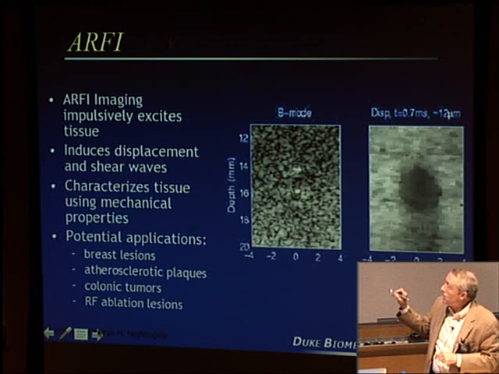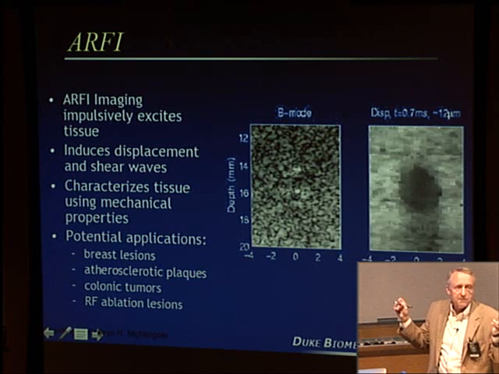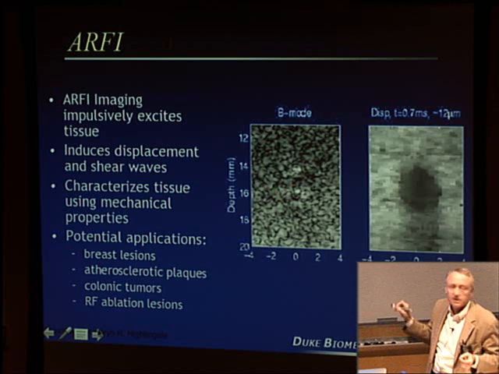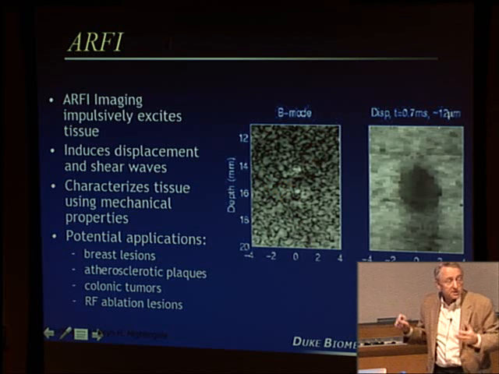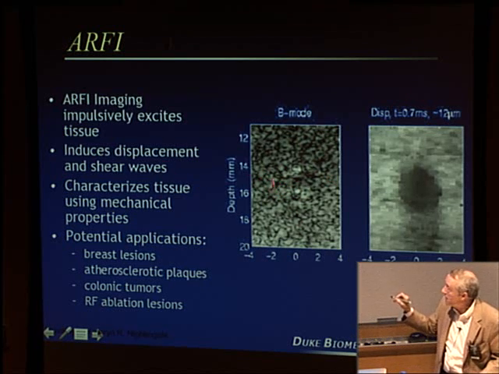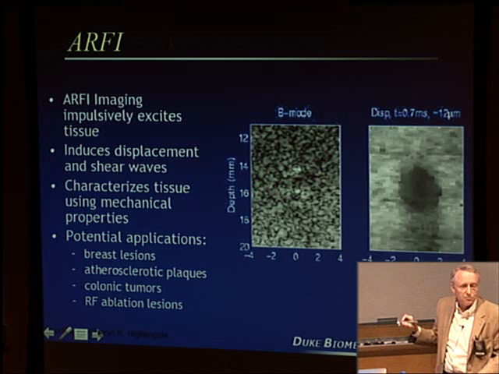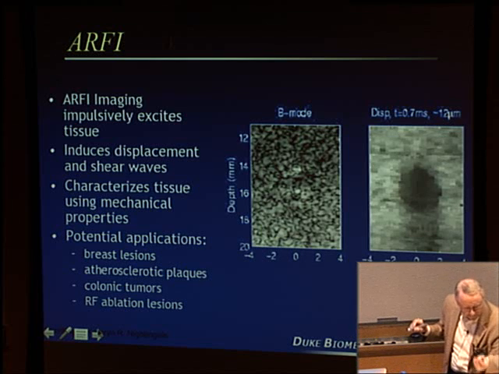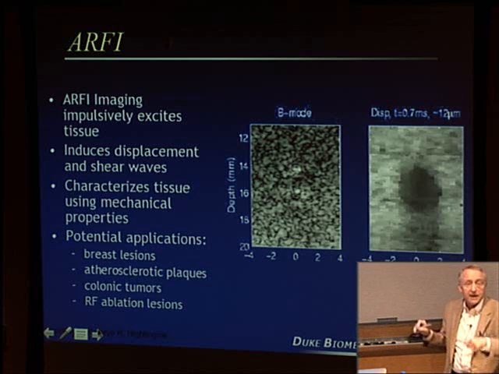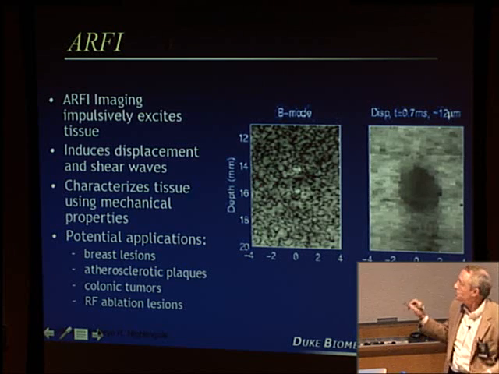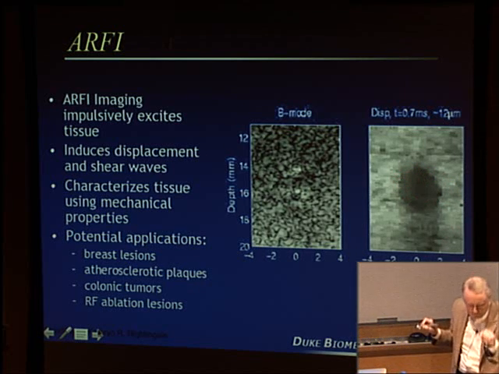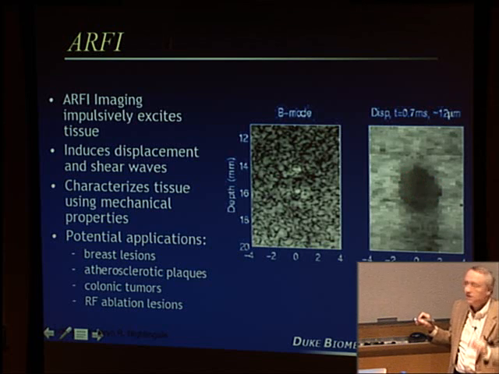And then once I'm finished pushing, and it might only be 10 milliseconds or something like that, I can go back into conventional mode and ping this thing and track the displacement of tissues. So this is magic. I can push on a focal point in tissue, and then I can watch the tissue deform and then recover. And I can make up parameters and image that. So that's called an ARFI image, and one of the parameters might be the maximum displacement.